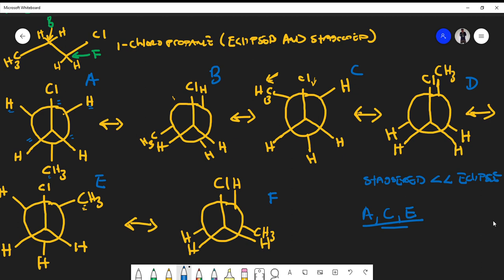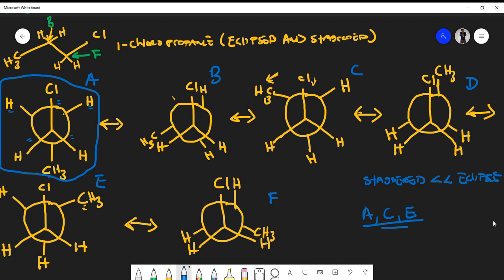So any staggered version of a Newman projection is always lower in energy than an eclipse version. Now, A, in this case, would actually be the lowest in energy. Why? We actually do not see any interactions. There are no Gauche interactions, and there's no torsional strain.